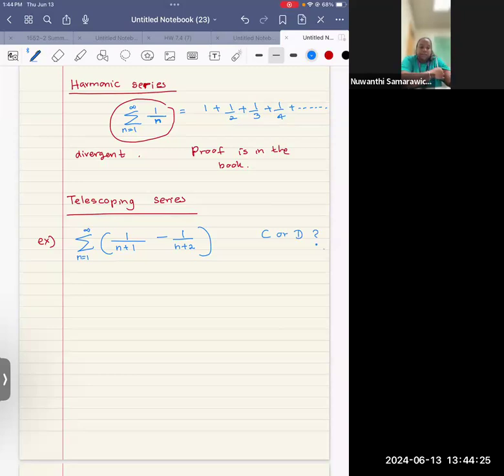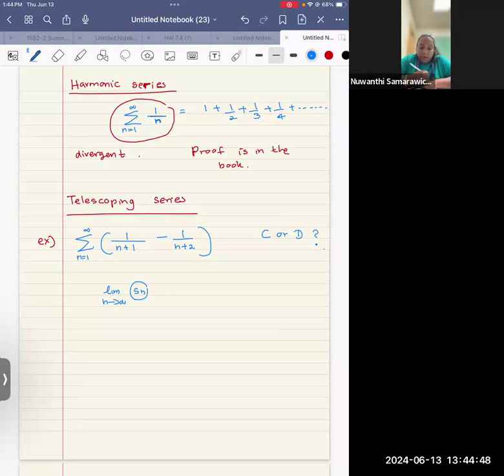To check the convergence or divergence, remember in the beginning of the class, we took the partial sum and checked what happens to the partial sum when n approaches infinity.